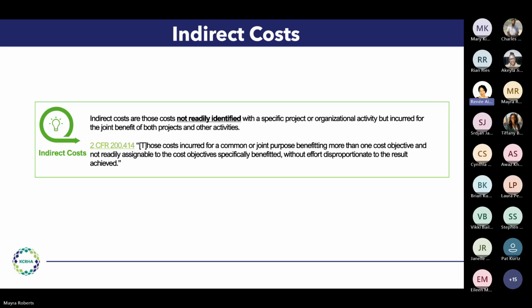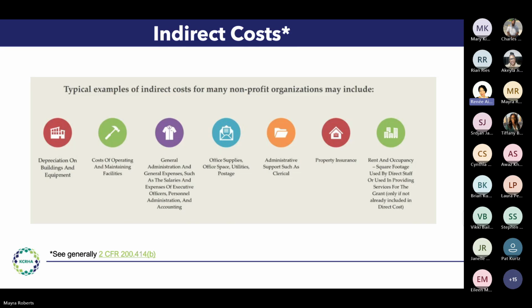If we move to the next slide, you're going to see some similarities, and we're going to talk a little bit about why you see those similarities. Typical examples of indirect costs for many nonprofit organizations can include depreciation on buildings and equipment, the cost of operating and maintaining my facilities, general administration and general expenses, such as the salaries and expenses of executive officers, personnel administration and accounting, office supplies, office space, utilities, postage, administrative support such as clerical staff. It could be property insurance. And then again, rent and occupancy, right?